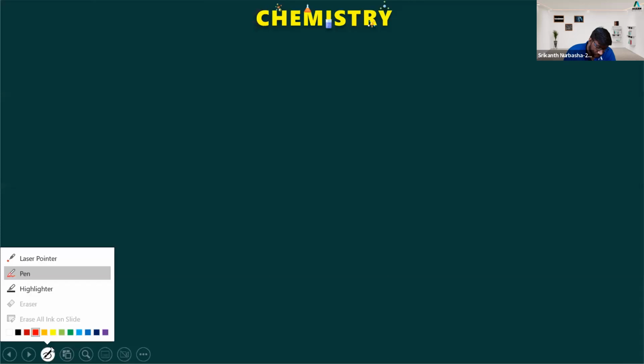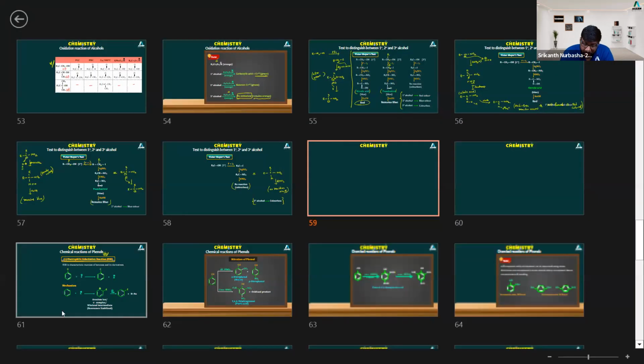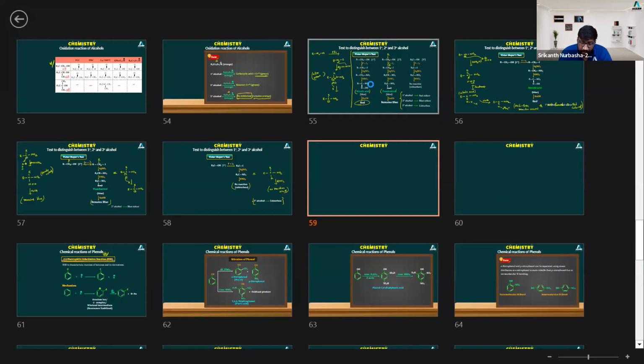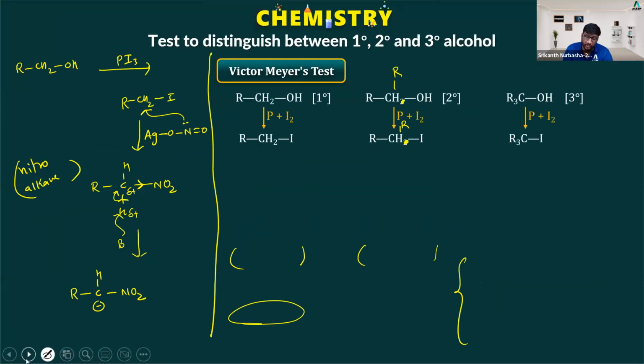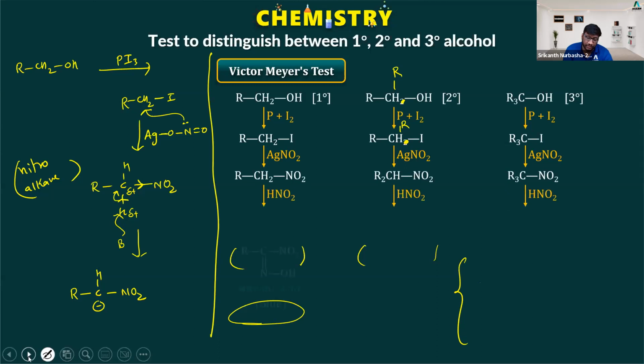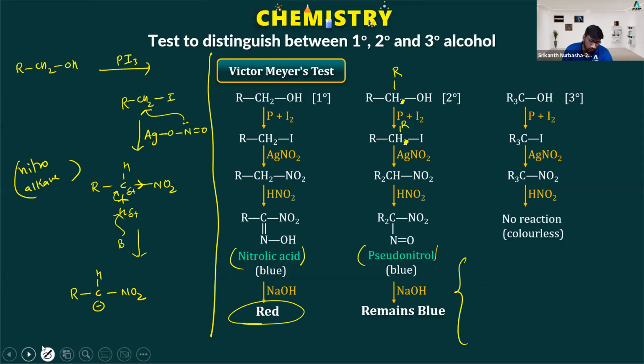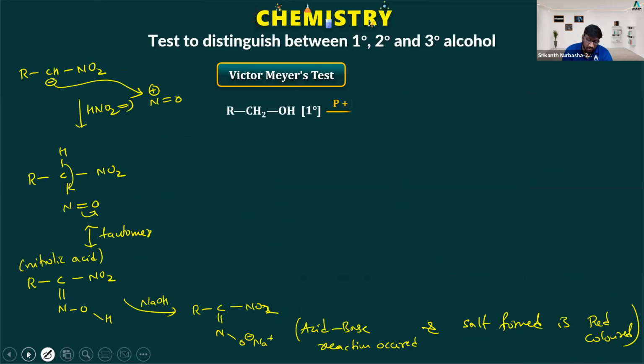What are the last set of reactions, students? The Victor Meyer test. Yes, the Victor Meyer test, which is used to distinguish between primary, secondary, and tertiary alcohols. Primary alcohol will give a red colored salt, secondary alcohol will remain blue, and tertiary alcohol gives no reaction. That means it remains colorless.